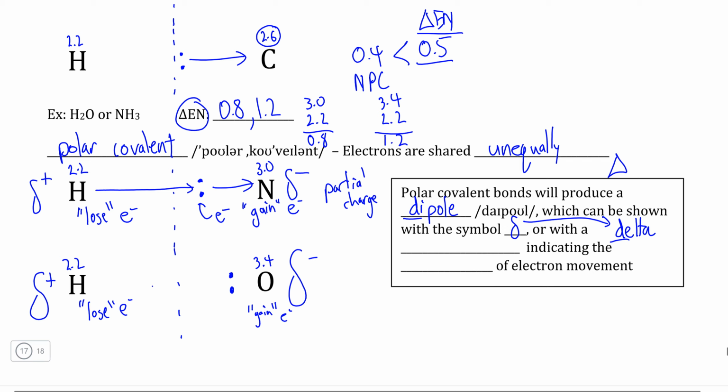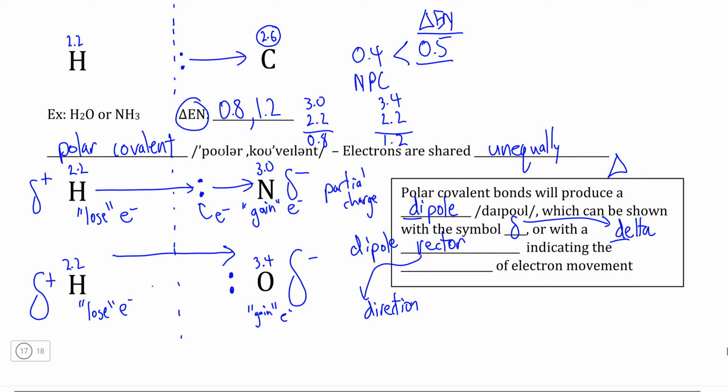Now, because electrons don't actually sit in the same place, because they are constantly moving, the other way that we can represent a dipole is using something that we call a dipole vector symbol, which simply looks like this. Remember that the word vector simply means direction.